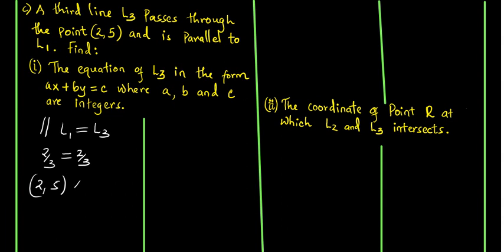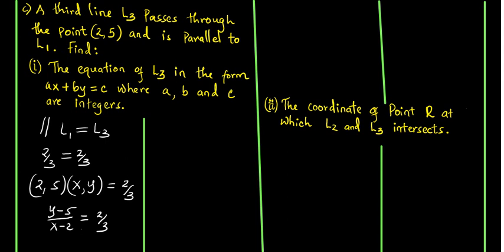Having the gradient of the third line, we now find its equation using the point (2, 5) and another arbitrary point (x, y), and it should give us the gradient, which is 2 over 3. To get the value of this gradient, we take the change in the y coordinate, y minus 5, all over the change in the x coordinate, x minus 2, which should be equal to 2 over 3.